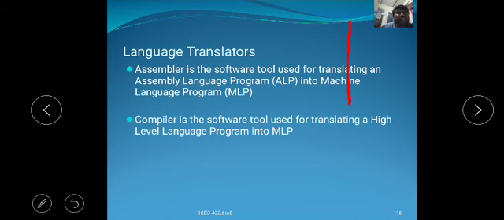The compiler is a software tool used for translating a high level language program into a middle level language program. If you use a compiler in our programming, it translates the high level language program into the medium level programming.